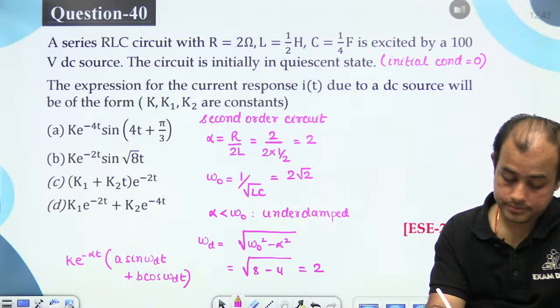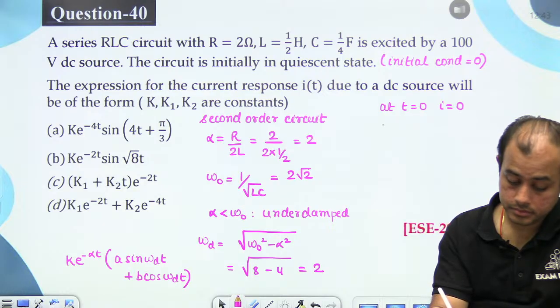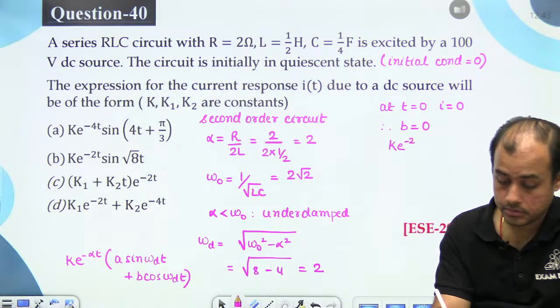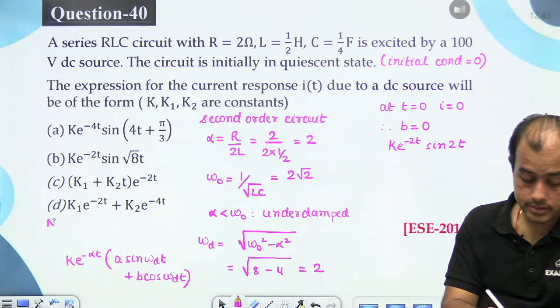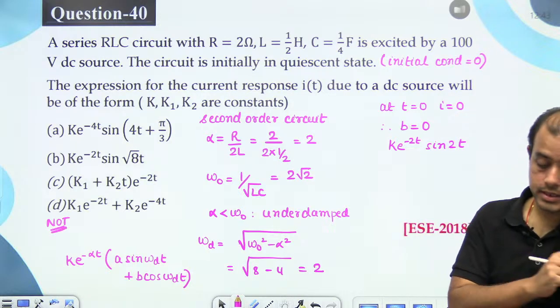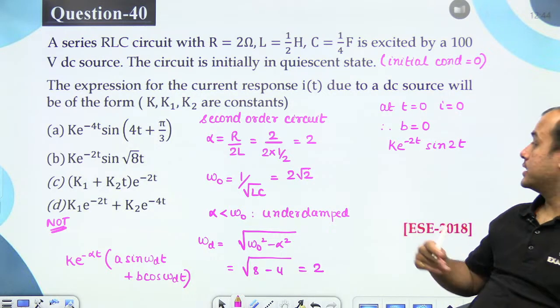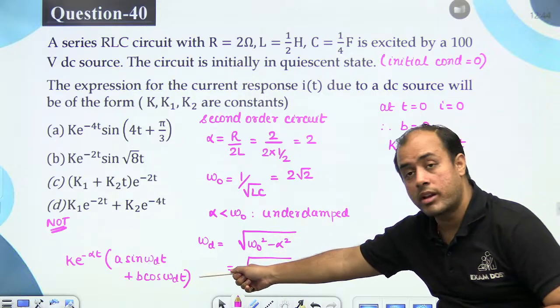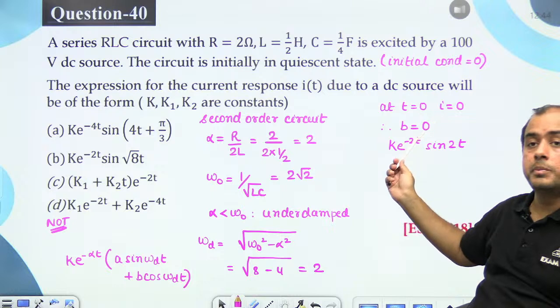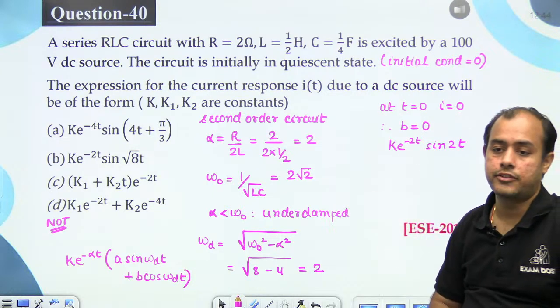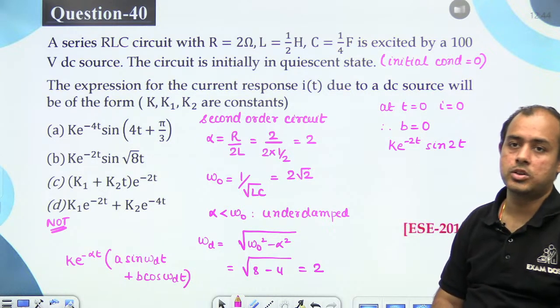Now at t equals 0, therefore the cosine term should be 0. This should be the format. Basically none of these. Okay, none of these will be the answer. Did the logic make sense? If you evaluate the current at 0, the cosine term remains, but the initial condition is 0, therefore B must be 0. So this should be the format, so the answer will be none of these.